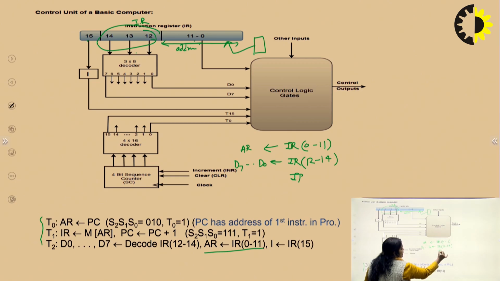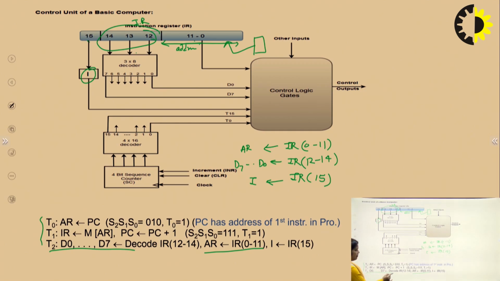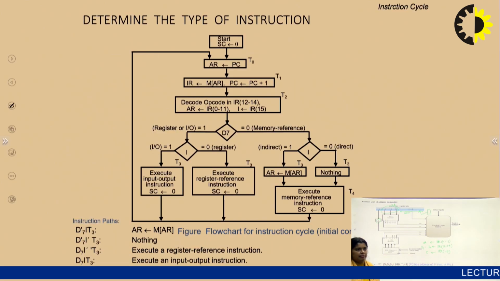In the IR register, the 15th bit is represented as I. So, you can write simply I. This third line is the same: D0 to D7 decode IR 12 to 14, and next AR gets IR 0 to 11, and the IR 15th value is going to the I. Simply you can understand by this.